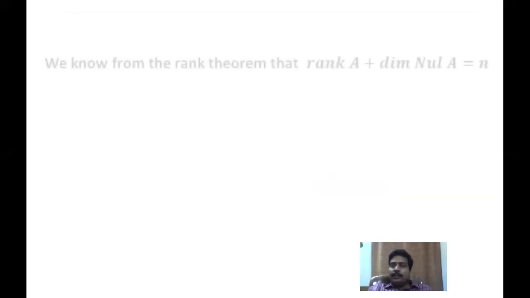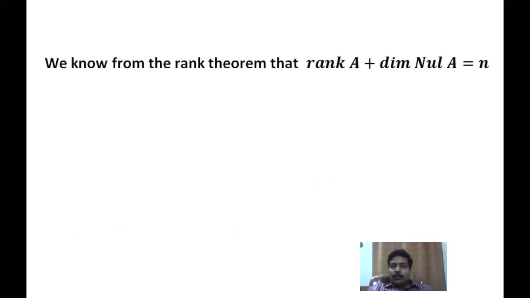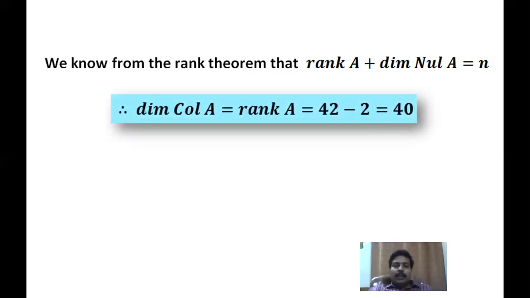And here n is 42, and we know from the rank theorem that rank A plus dimension of null A is equal to n. So the dimension of column space A is equal to rank A, that is 42 minus 2, 40.